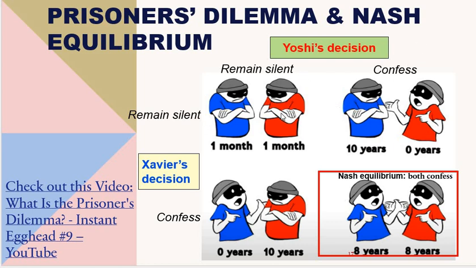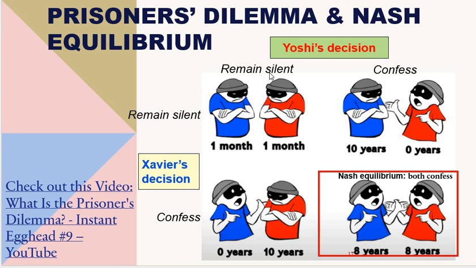From Yoshi's perspective, we assume the outcome of each case is common knowledge. They both know how many years of imprisonment they are facing for each type of choice.